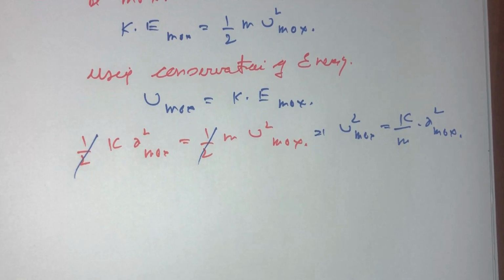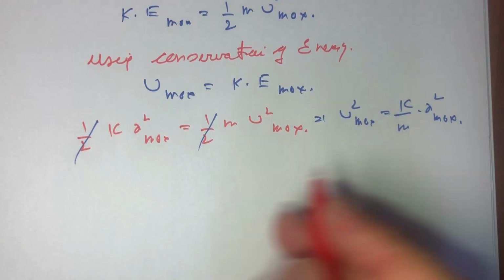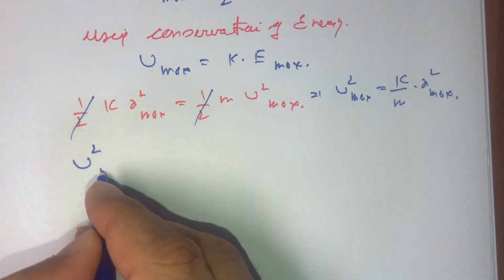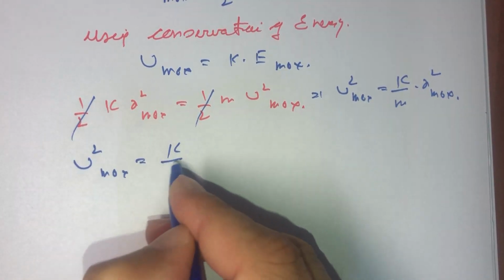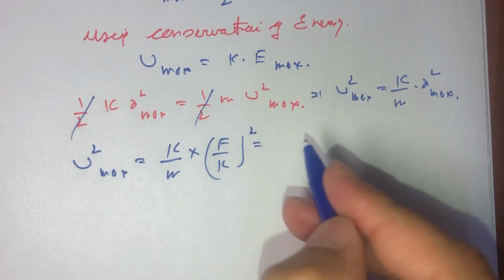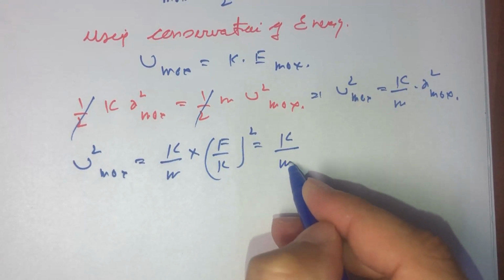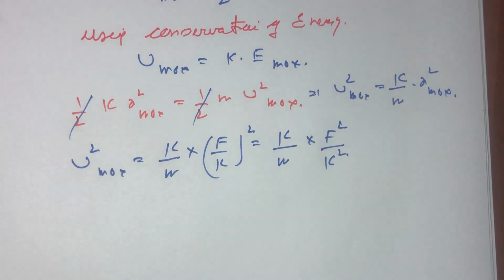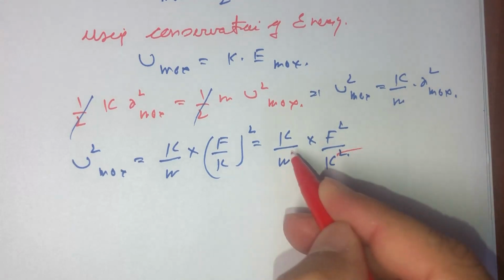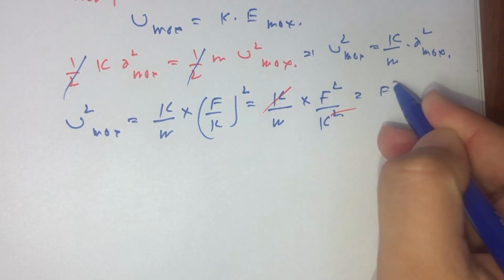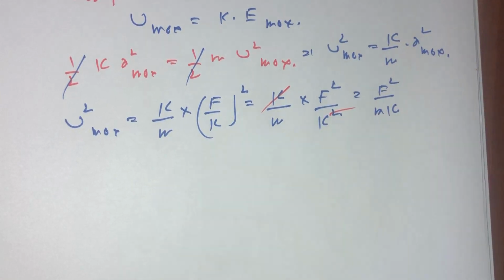But we just found out that x max is equal to F upon K. So we substitute it here and we get V square max will be equal to K upon M multiplied by F upon K whole square. So this becomes K M F square K square. K square cancels with K, and this is equal to F square upon MK.